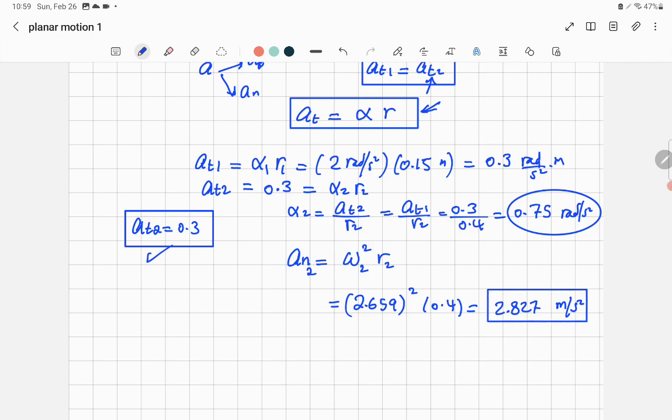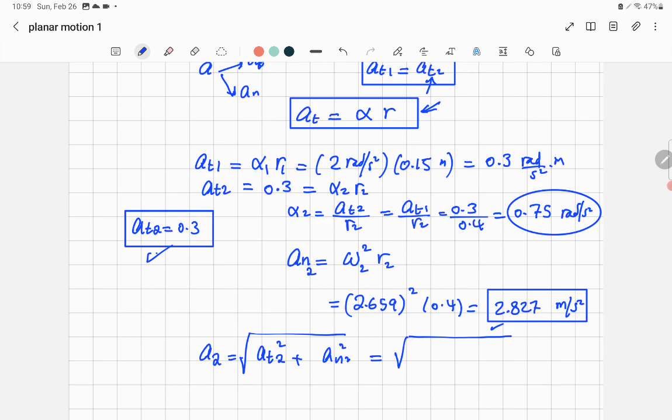That's the normal component. Now we have the normal component and we have the tangential component. To find the total acceleration A2 for the point P, that will be equal to the square root of the tangential squared plus the normal squared.